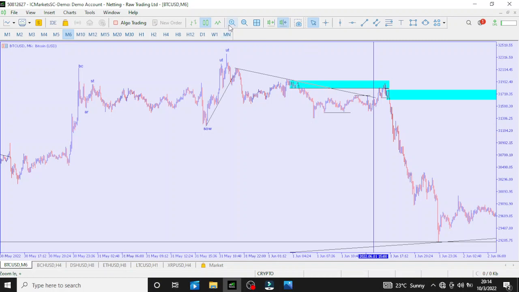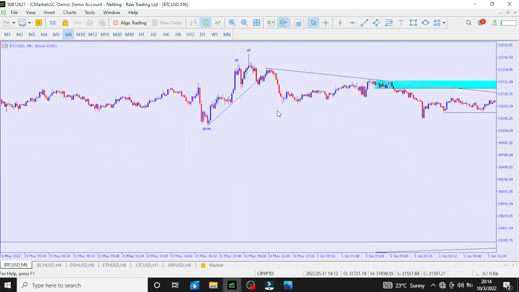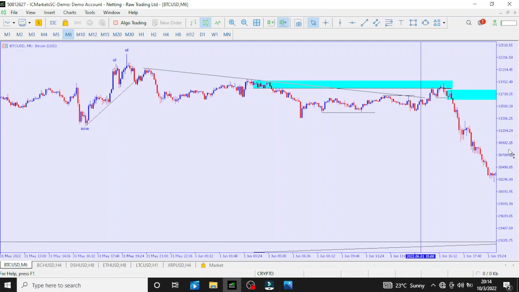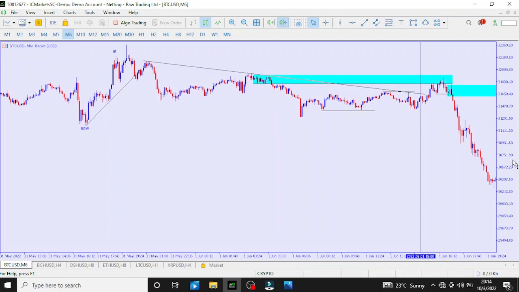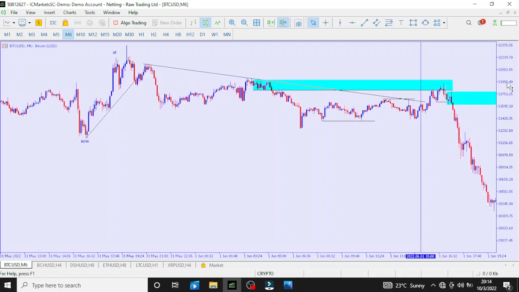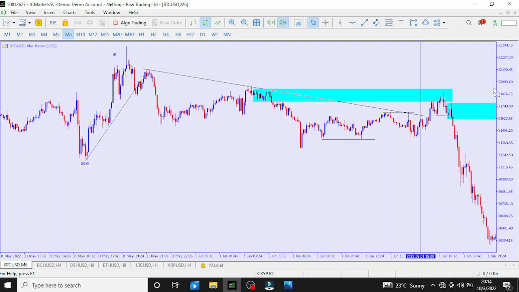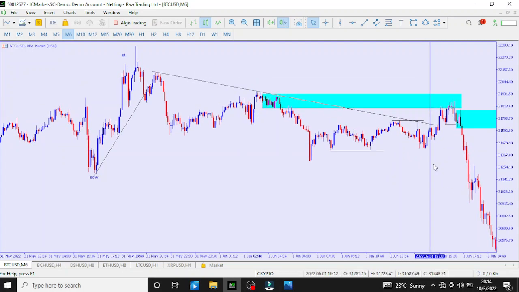And what I noticed when I was preparing this trade breakdown, you see, guys, New York open around this area. Remember, there are these equal highs and these equal lows.